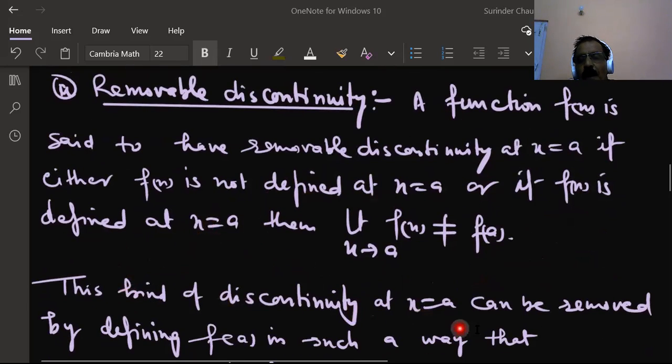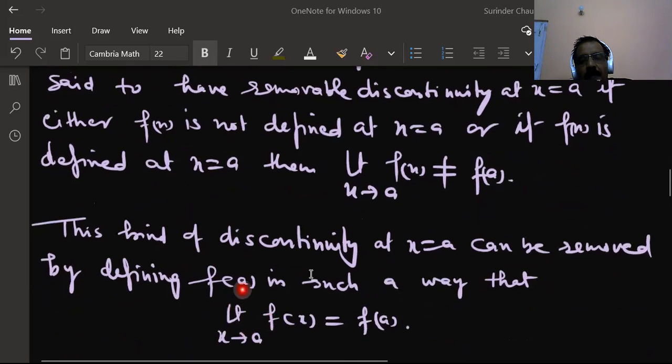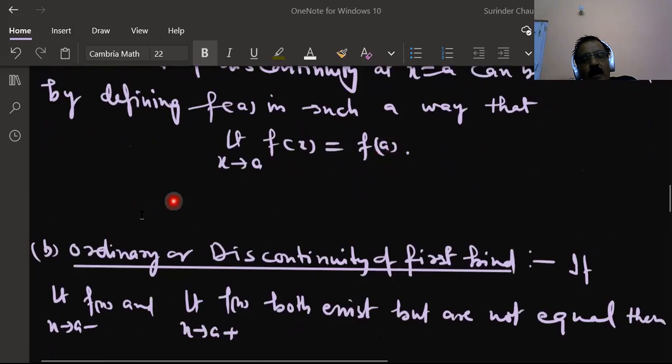This kind of discontinuity at x equal to a can be removed by defining f(a) in such a manner that the limit of the function at the neighborhood point is equal to the value of the function at the point. It is removed by giving a suitable value to f(a). So that's why this is called removable discontinuity.